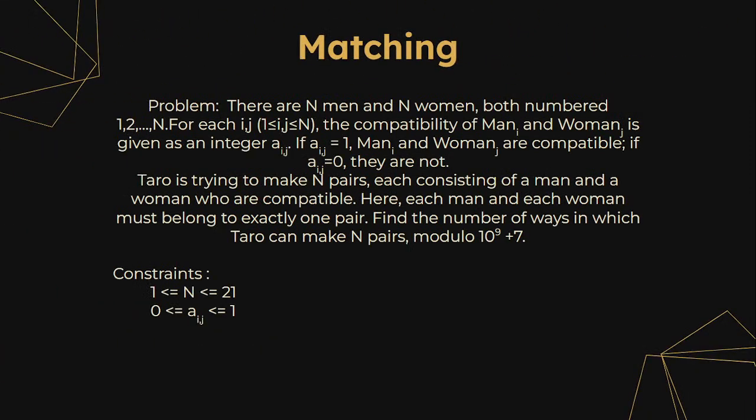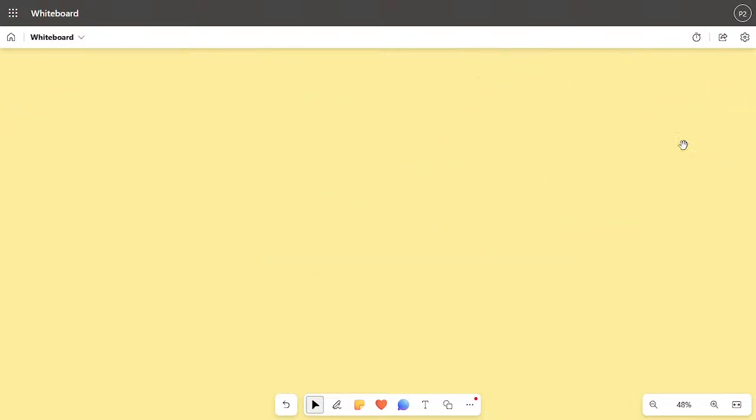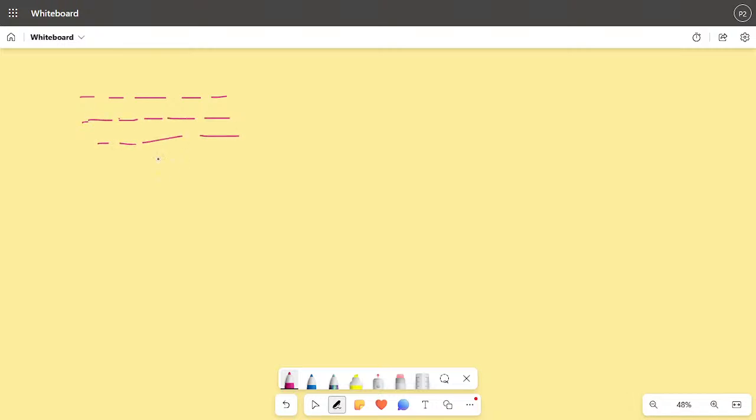Okay, so let me explain and elaborate this question. It's a fun question. What I'm saying is that I'm given an n cross n matrix of zeros and ones, which basically tells me whether the ith woman likes the jth man, basically whether they are compatible or not.